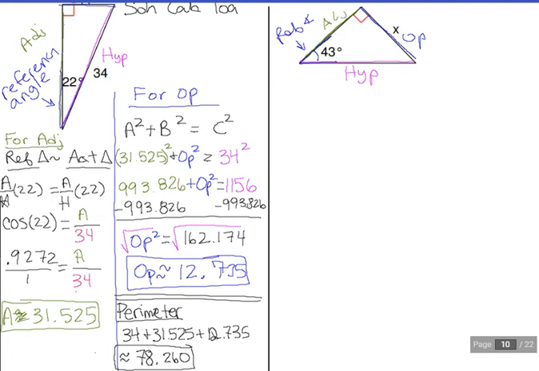So we had to find our adjacent side and, we just have x. Oh, so here's something interesting. We don't have any of our side lengths. We don't have the opposite, we don't have the adjacent, we also don't have the hypotenuse. So this is unsolvable.